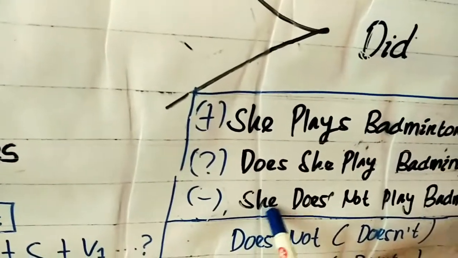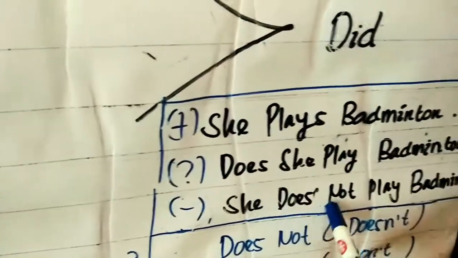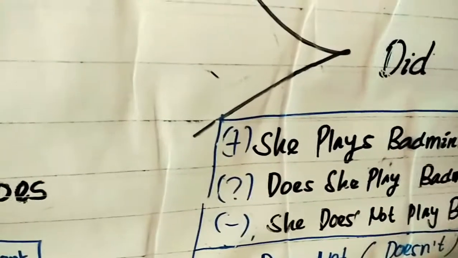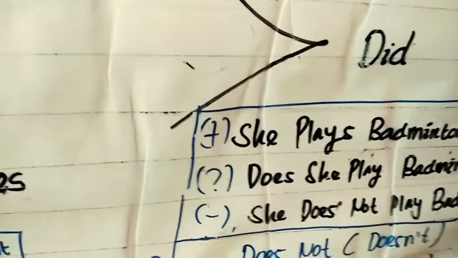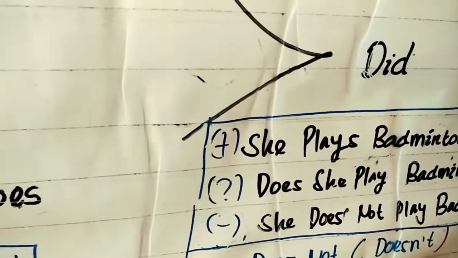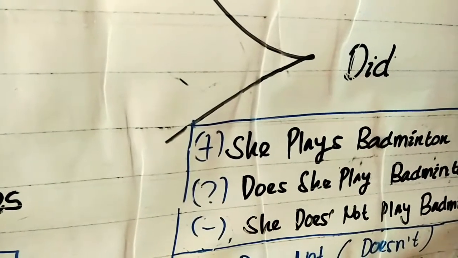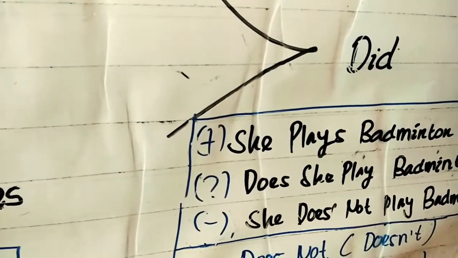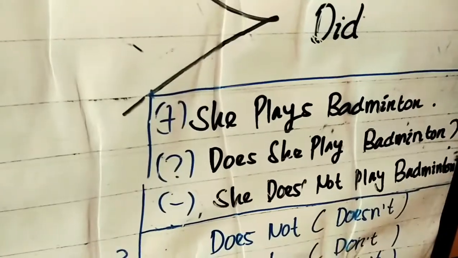See, subject she, does, because the subject is she, and then not as in the pattern, and then play, verb 1, badminton. This is the construction. Does not means doesn't, do not, don't, did not, didn't.